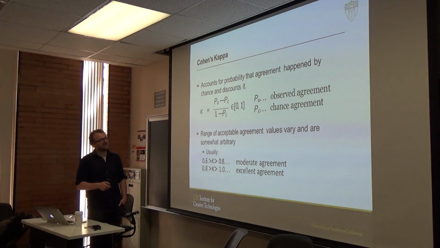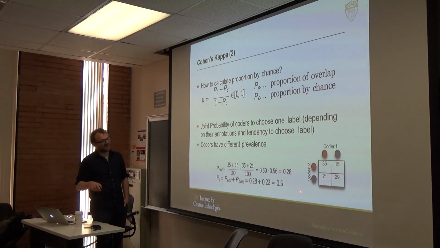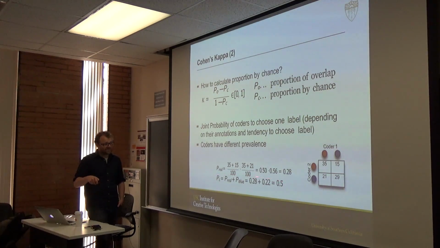The agreement by chance is brought in through Cohen's kappa, which brings the chance agreement into the calculation to give you a better assessment of what this agreement actually means. The chance agreement in this case is just the probability of randomly choosing one or the other, and that is 0.5 in this case.